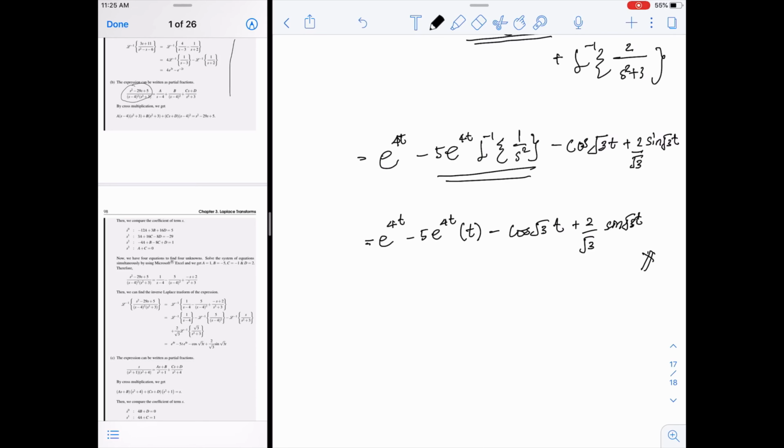So this is the answer. It's a little bit complicated, however you need to be patient and apply all the knowledge that you have studied previously. Alright, thank you.